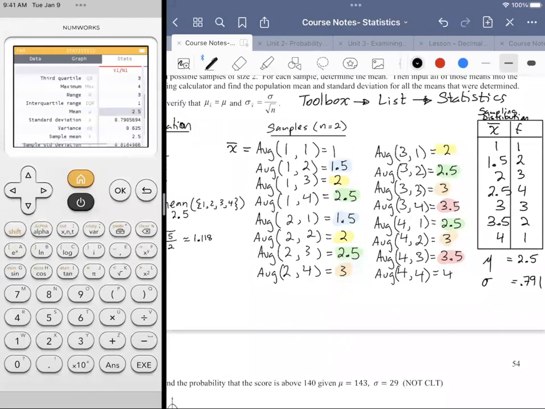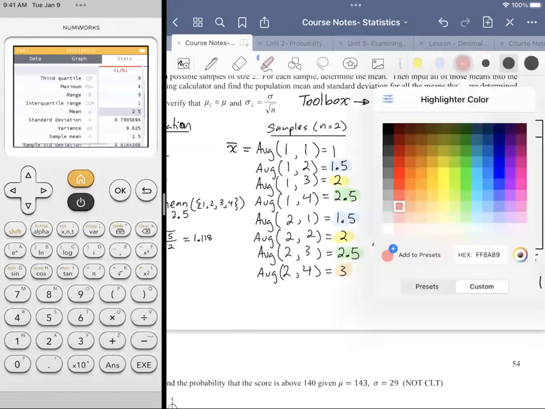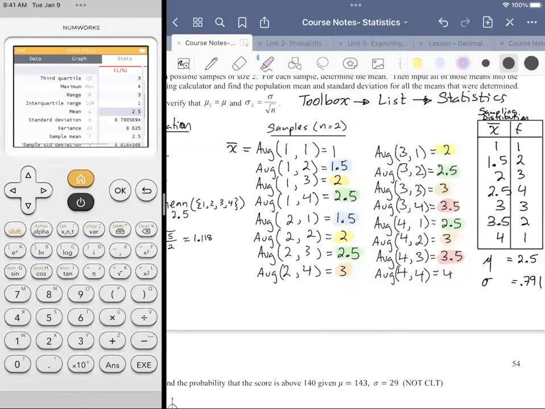I left an exaggerated space there because it's not the population mean. It's the population mean of all of those sample means. So we call that mu sub x bar.